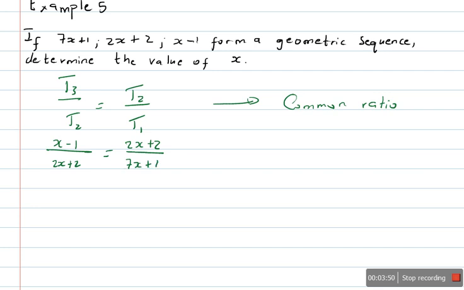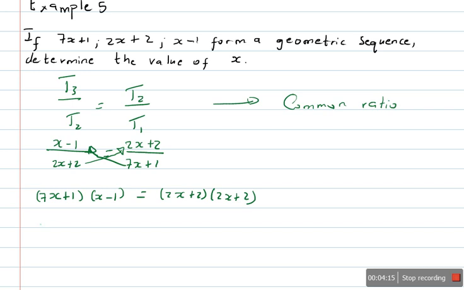So this is when we cross multiply and solve. So we're going to have 7x plus 1 multiplied by x minus 1, which is equal to 2x plus 2 multiplied by 2x plus 2. Remember, we must cross multiply. We multiply this and that, and we multiply this and that.